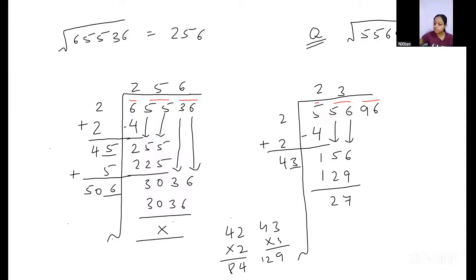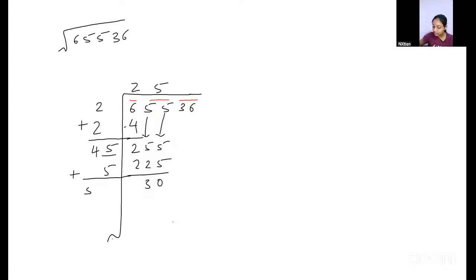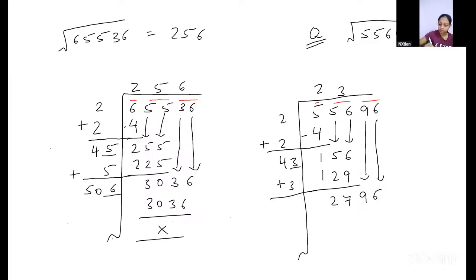Bring down the next pair, 96. And add 3 here. So how much will we get? 43 plus 3, 46. 46 and put a dash.